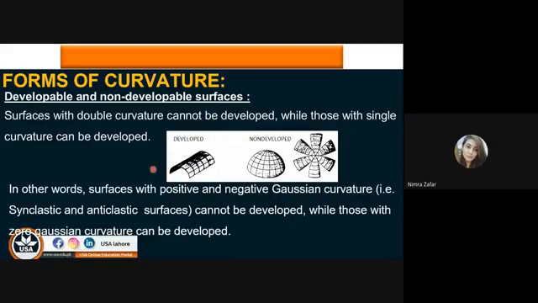This is the single curvature or single curve structure, which we call developed. And then we have this non-developed in which we have multiple curvature. In this again we have multiple curvature.